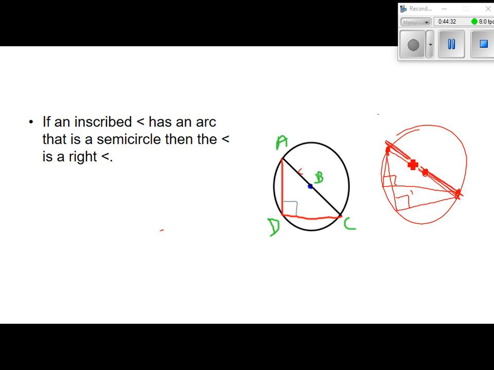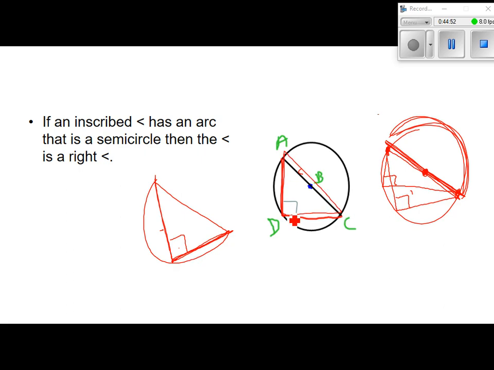Half a circle is called a semicircle, and that's what this says. If I inscribe an angle in that semicircle, it's always going to be a right angle. And look at what we come up with: another right triangle.